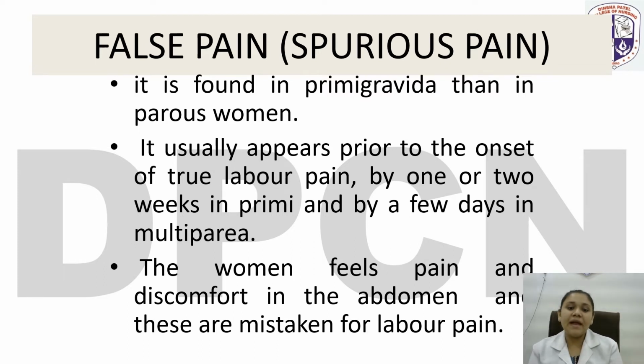The woman feels pain and discomfort in the abdomen and mistakes it for labor pain. So the mother might feel she is having pain, or some ache in the body, in the abdomen, in the groin area or something like that. She might think she is having labor pain, but it is not labor pain, it is a false pain.